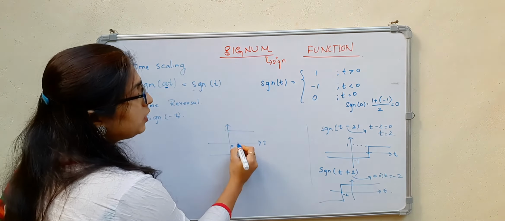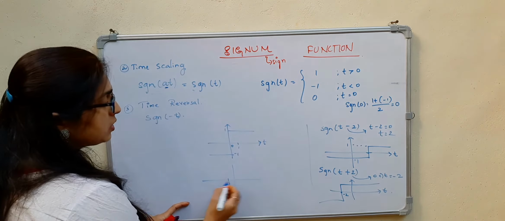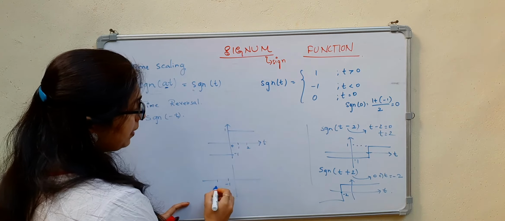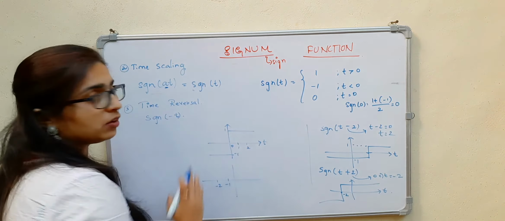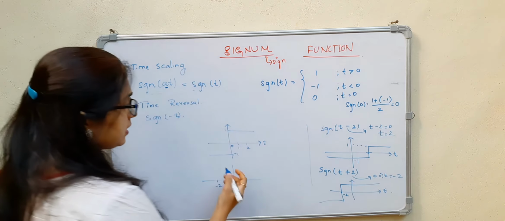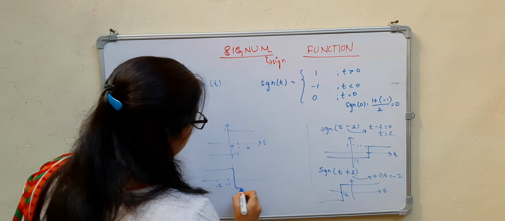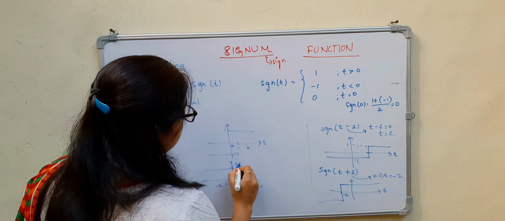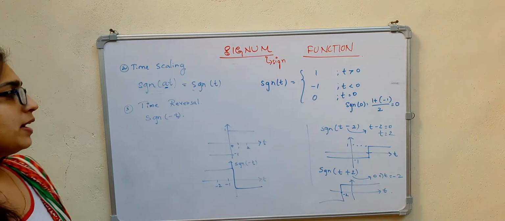So whatever the value is at 1, now it will be at minus 1. Whatever the value is at 2, it will be at minus 2. So there will be reflection about the vertical axis or the amplitude axis. So what you are going to get here? This will be signum of minus t.